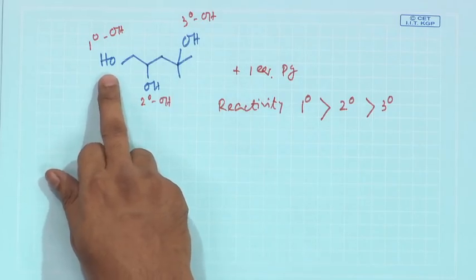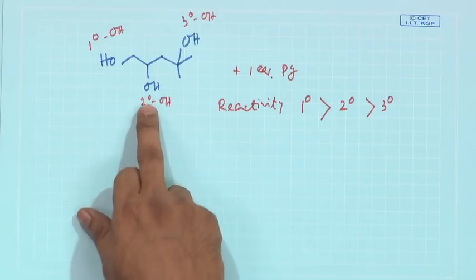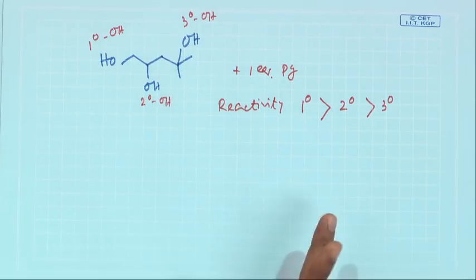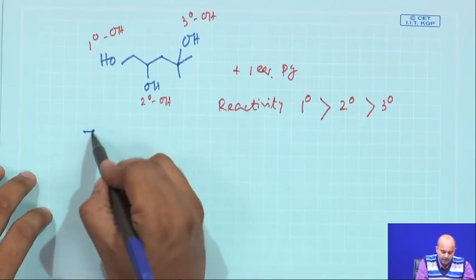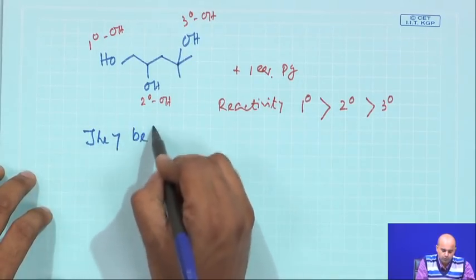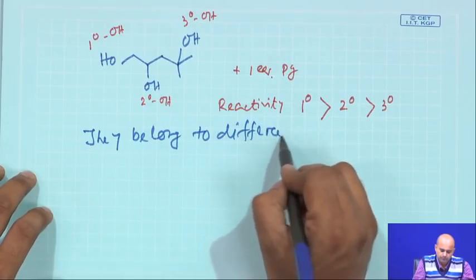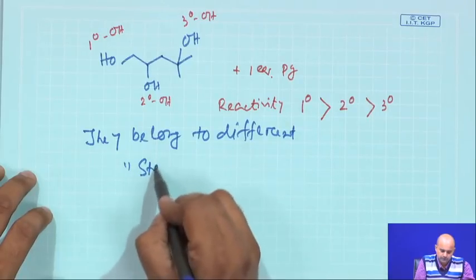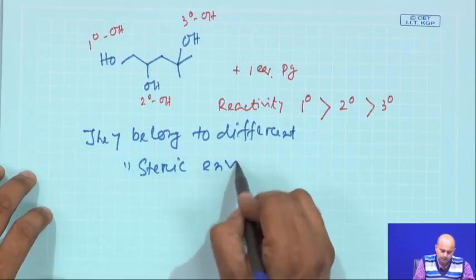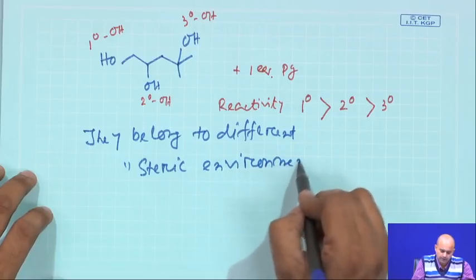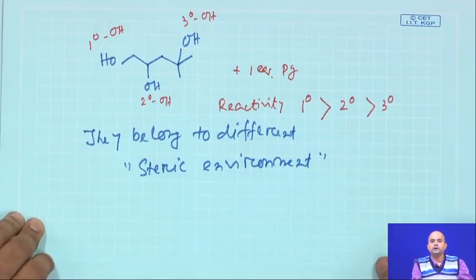Now, if your 3 functional groups have a similar environment, like all 3 are primary, then you have to choose stoichiometric control, and if the functional groups are different, like one is primary, one is secondary, one is tertiary, their steric environment is different, they belong to different steric environments, and in those cases you can control it through the steric crowding.